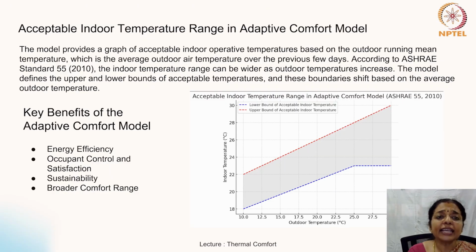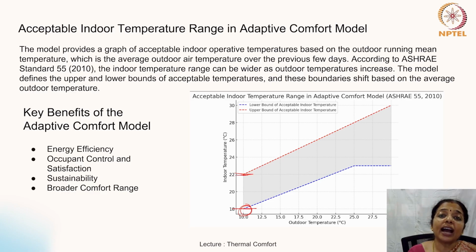The acceptable indoor temperature range in the adaptive comfort model is like this. From the graph we can see at lower outdoor temperatures, that is at 10 degrees centigrade, the acceptable indoor temperature can range between 18 degrees to 22 degrees.